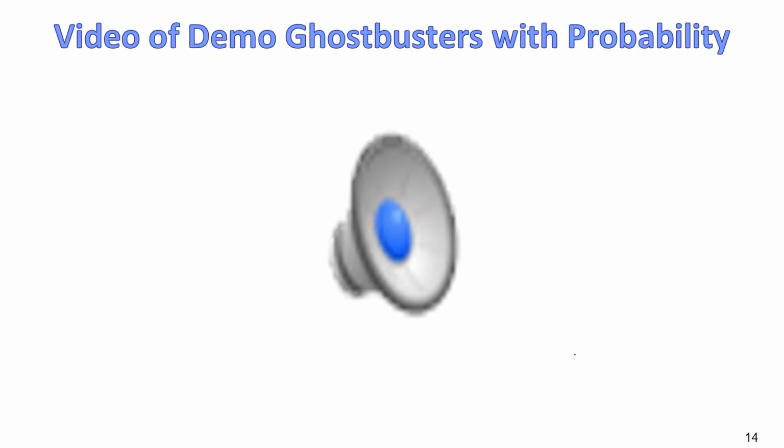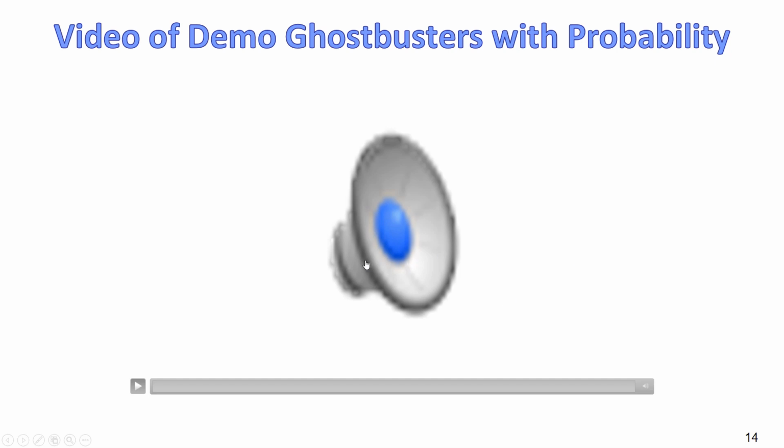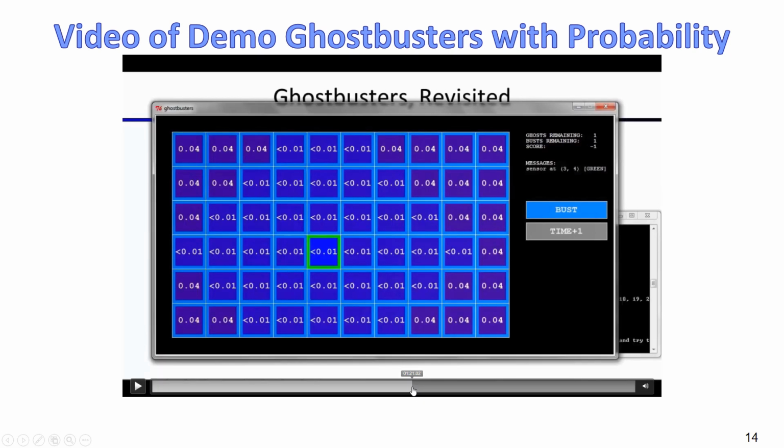So I will leave this video to you that will show you how, if I have more evidence over time, I will change my belief. Okay, so for example here, you see the dark colors mean the probability is higher.